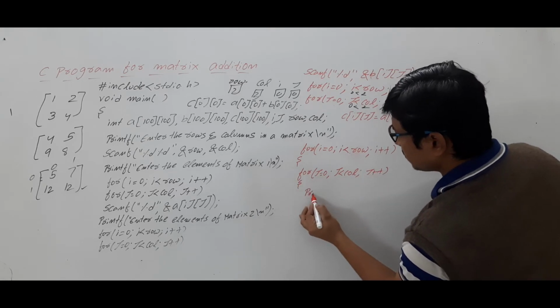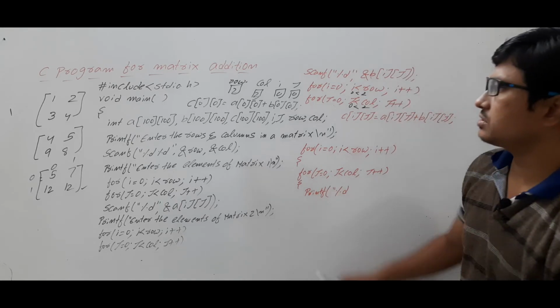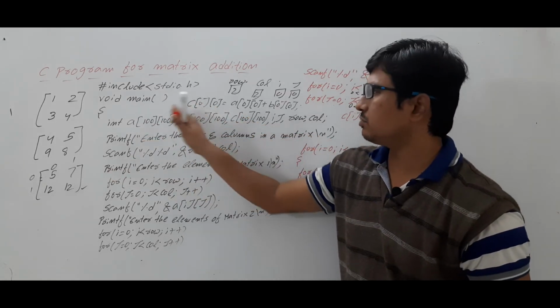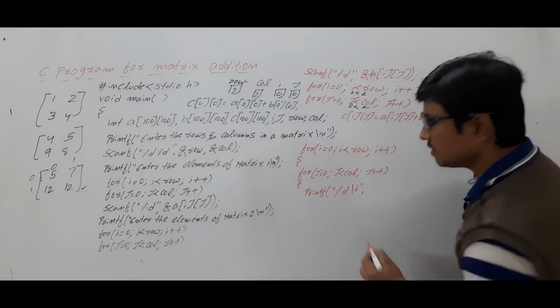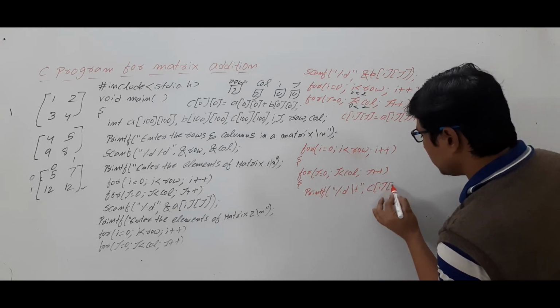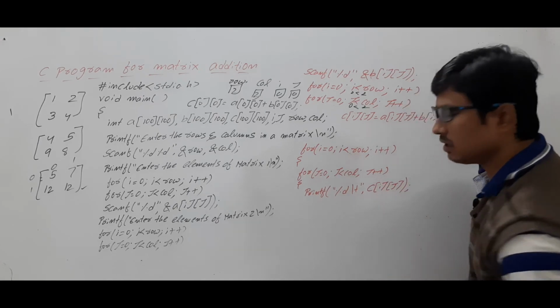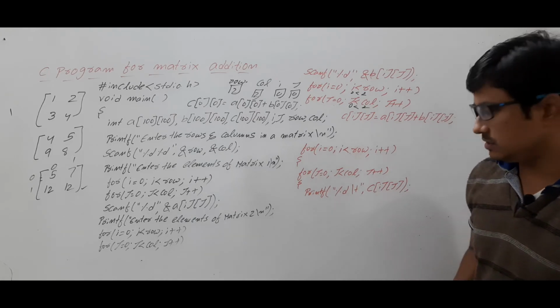And now you can print the values which are there in the array C, because after performing the addition the result will be stored in the matrix C. You can give a backslash t for the tab space, and you can ask the user to print the element which is there in the matrix C at index i and index j.